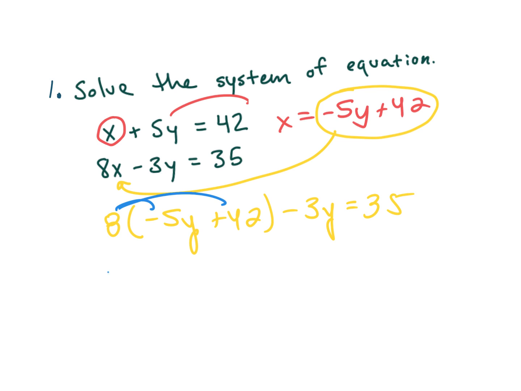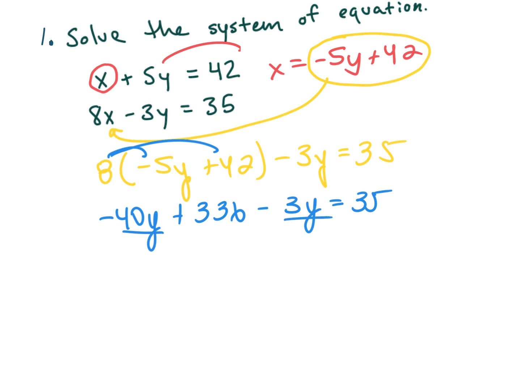Distribute. So I have negative 40y plus, what's 42 times 8? Don't tell me big number. What's 42 times 8? 336, okay. Minus 3y equals 35. So now we combine like terms, yes?